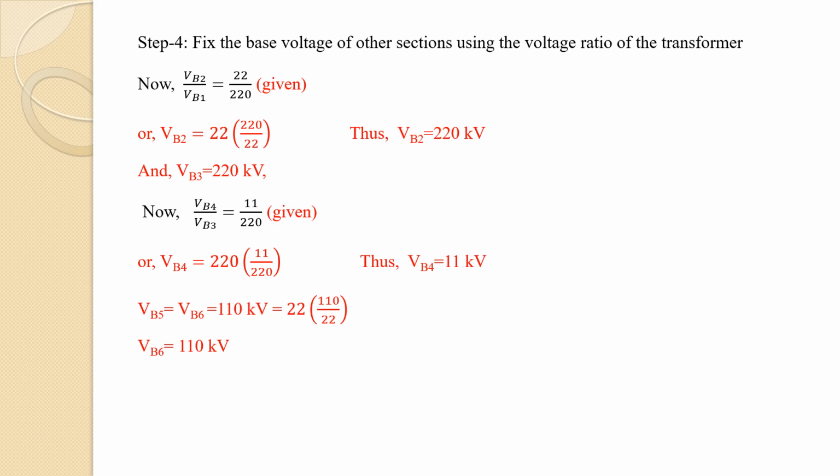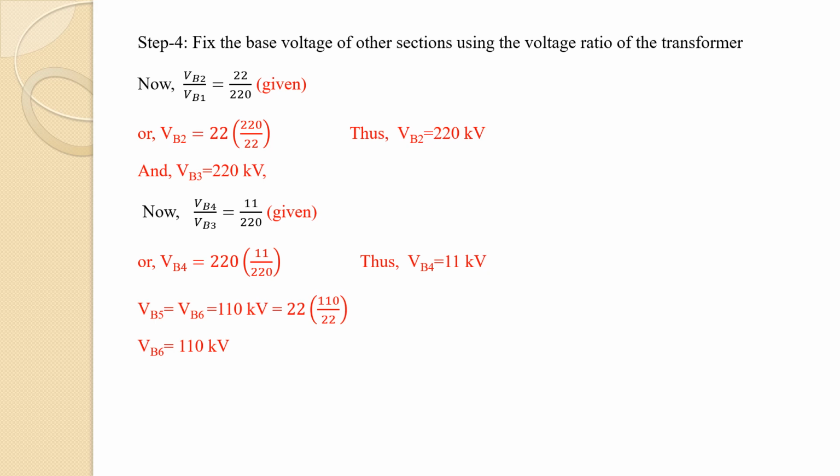This will help us in fixing the voltage bases for the remaining buses, and that we will do in accordance with the transformer turns ratio or the voltage ratio of the transformer. In each of the sections we have defined the voltages at the different buses. For section A, we have bus 1 located, so we have defined the voltage base as VB1.